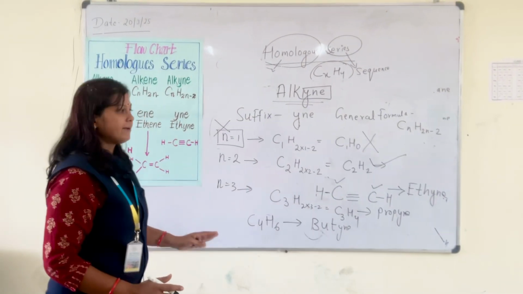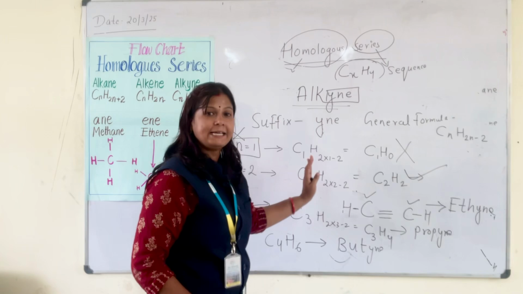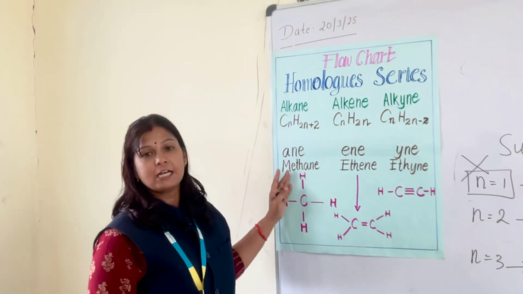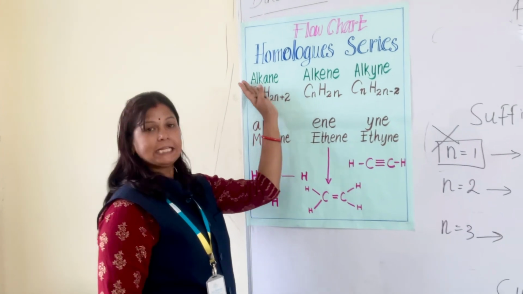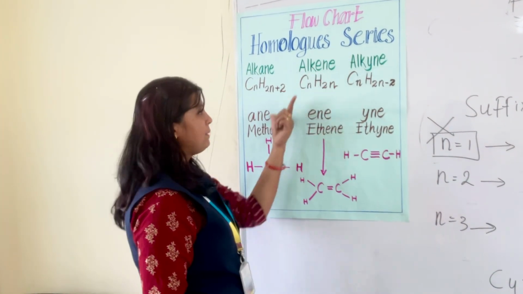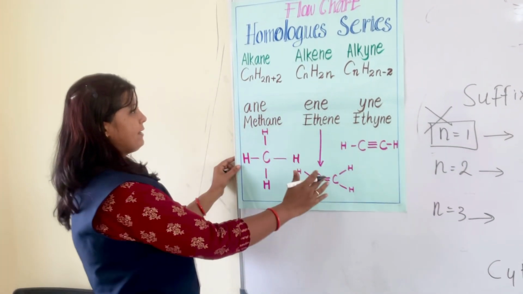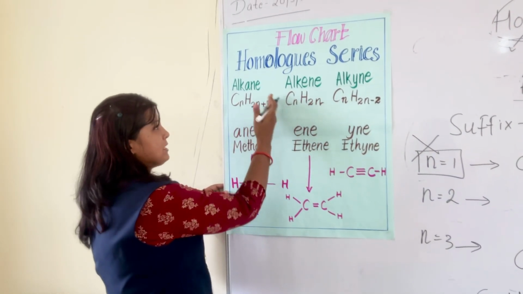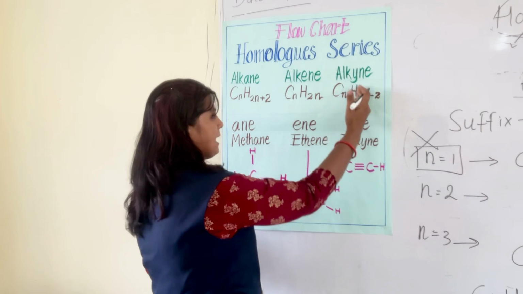Understood? Now children, to remember this whole series, you can make a flow chart in this form. In this flow chart, you can remember properly alkane, alkene, alkyne. You make such a flow chart where you can remember. So this is the general formula as I wrote: CnH2n plus 2 for alkane, and the formulas for alkene and alkyne.